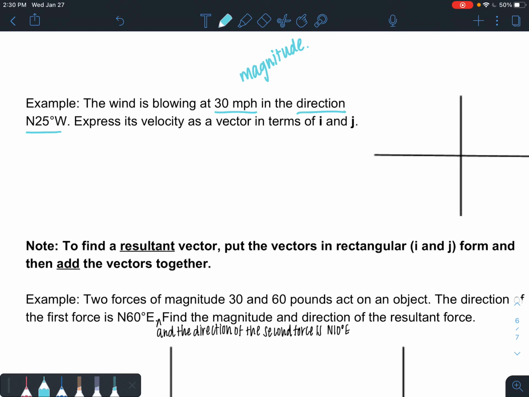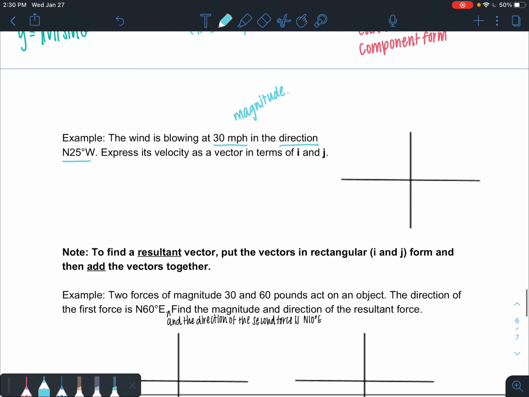The direction is north 25 degrees west. Starting from the north, going 25 degrees this way to the west gives us our angle.